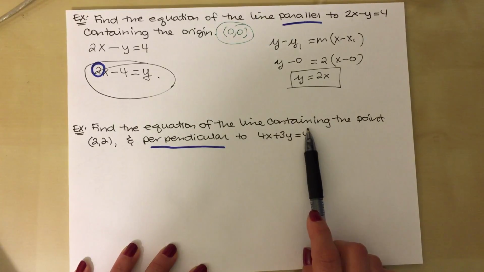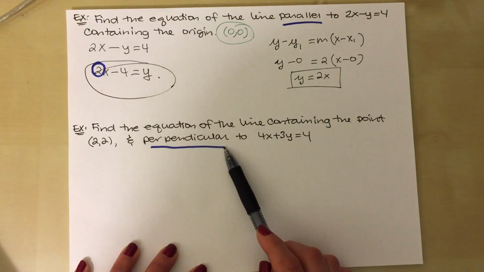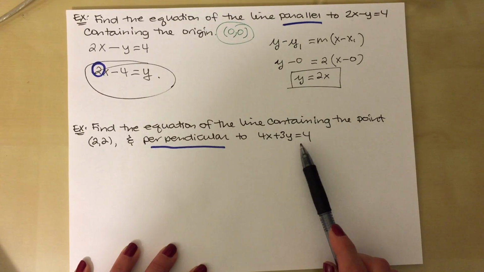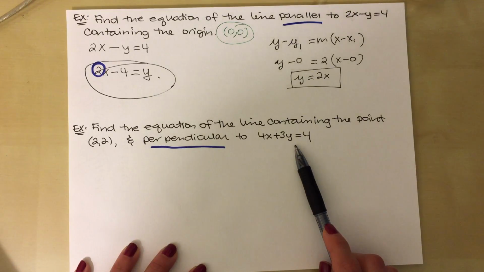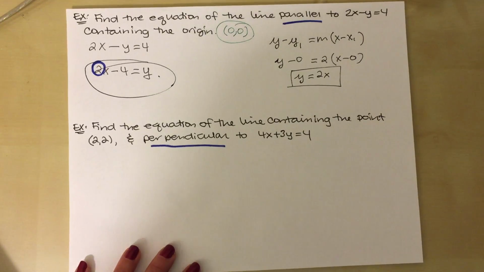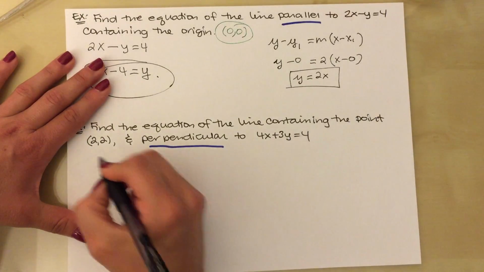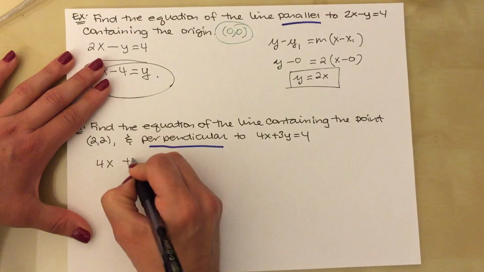Find the equation of the line containing the point (2, 2) and perpendicular to this line. So the first thing you're going to do is solve for y to get the slope, and then I'll show you how to calculate the slope of a perpendicular line. So first, solve for y.